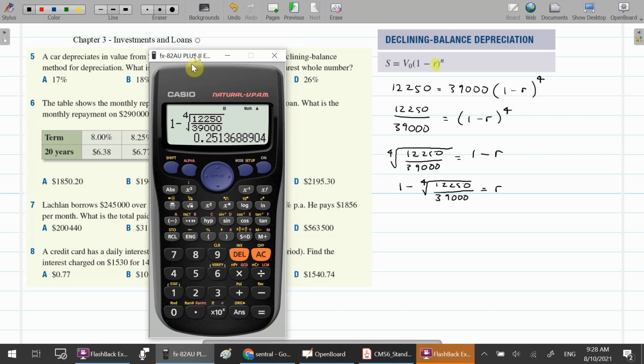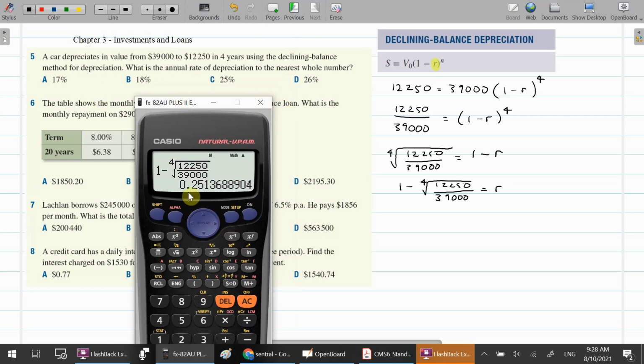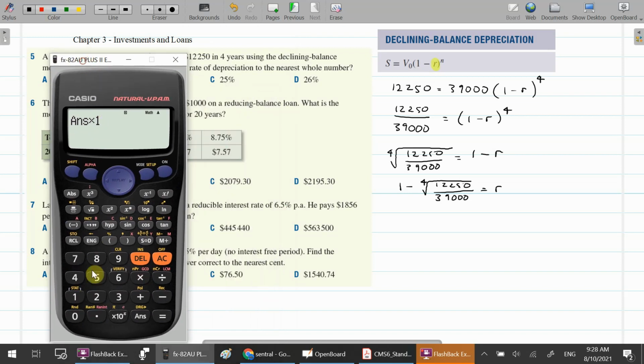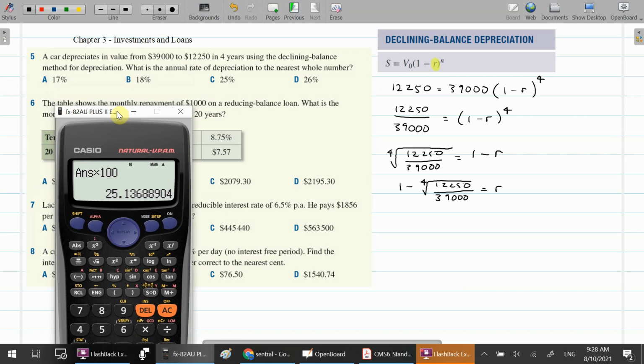Very good. Now see, all these are in percent, so we're going to change this to a percent, times 100. 25.13. The nearest whole number is that one.